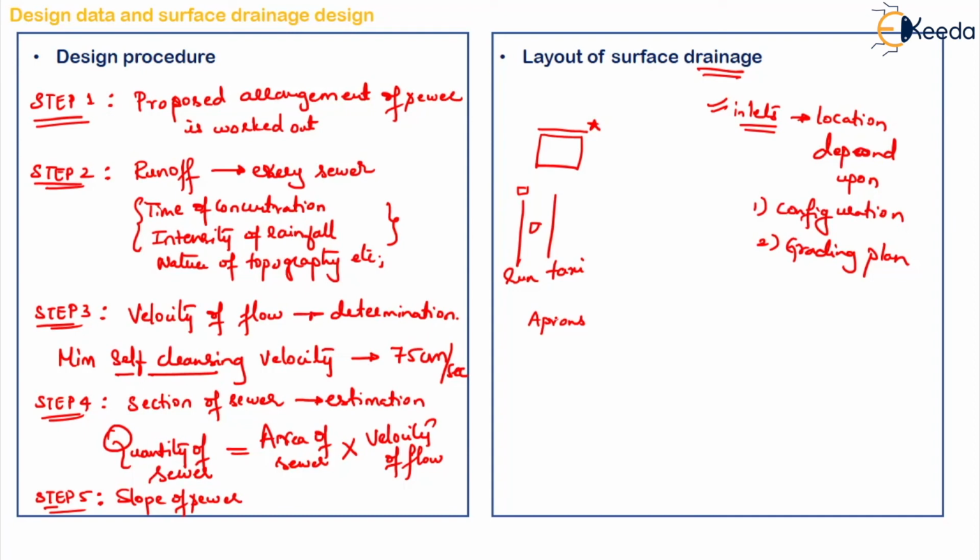So the finished grade contour map of the runway, taxiway and the apron is extremely helpful for the layout of the storm drain system for your airfield. So it is quite likely that several trial drainage layouts must be necessary before the selection of the most economical system which can be selected or recommended. Right. So we have to make many layout plans and then finally decide on one layout plan.